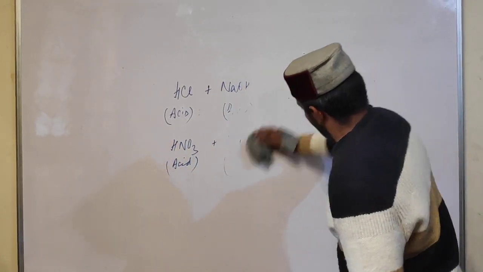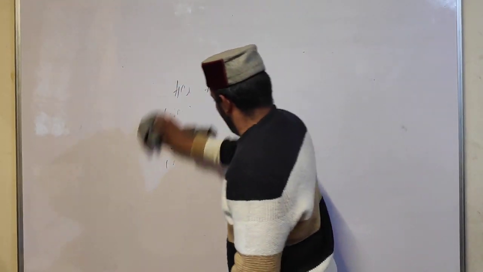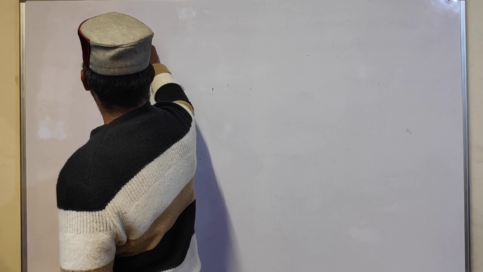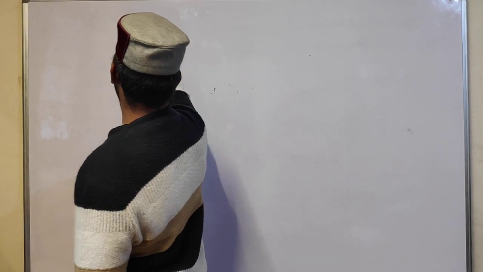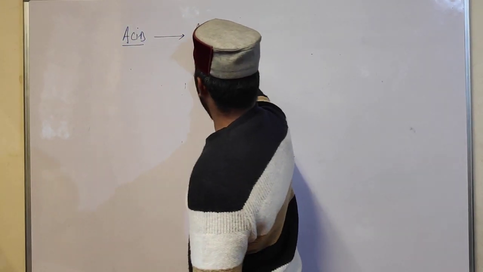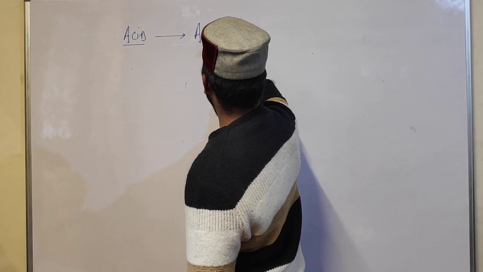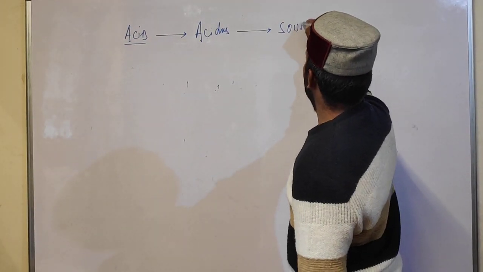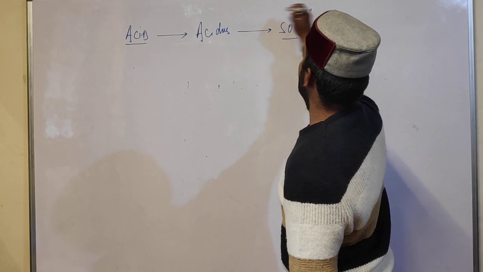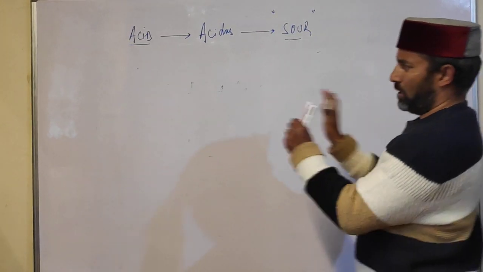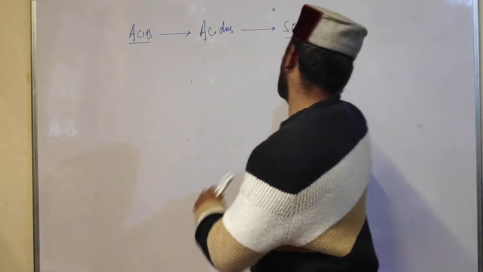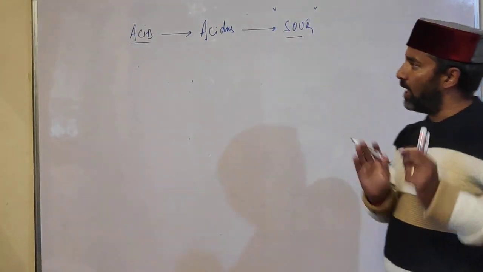Now, what is an acid, students? I've told you, the word acid is derived from a Latin word acidus, meaning sour to taste. So this is actually on the basis of physical property. So any substance which is sour to taste can be regarded as an acid.